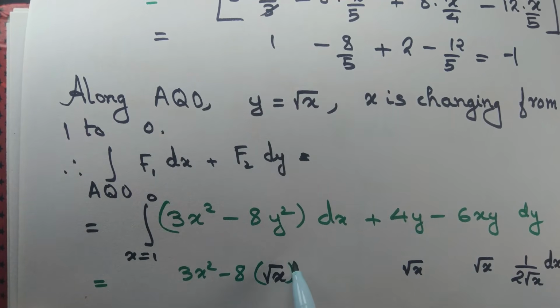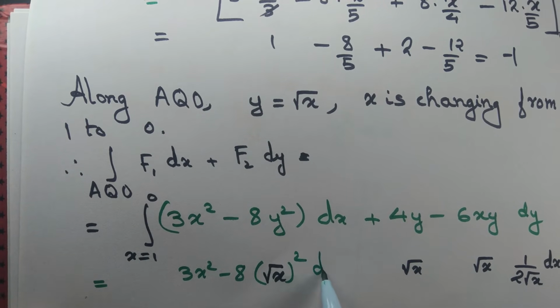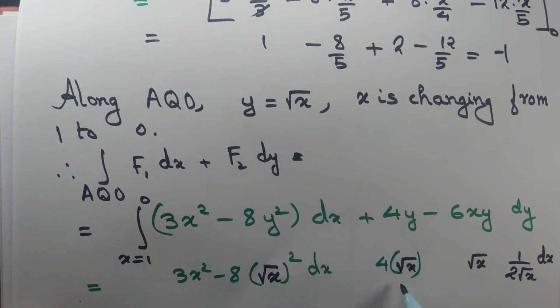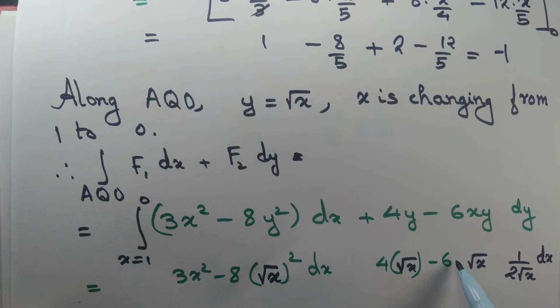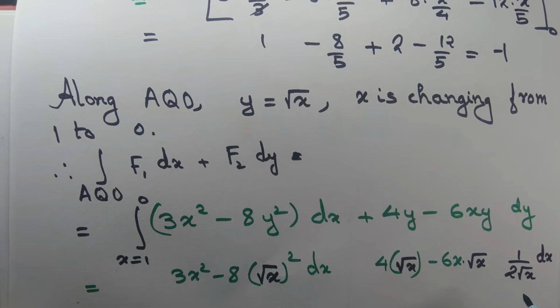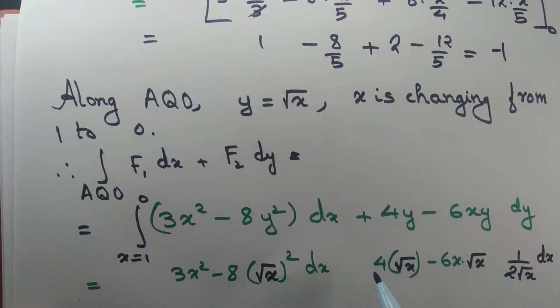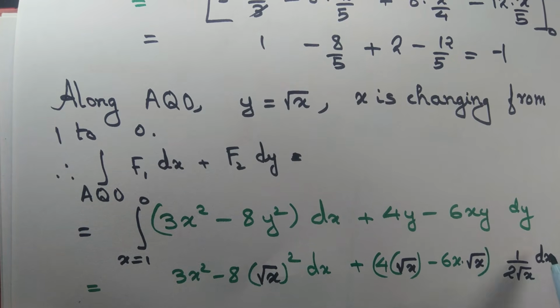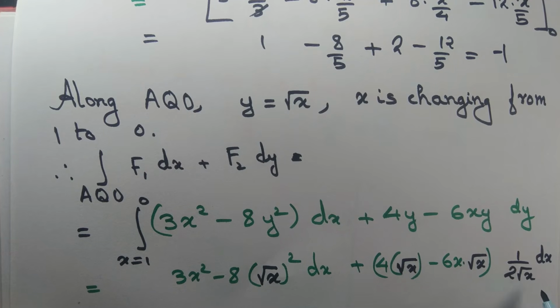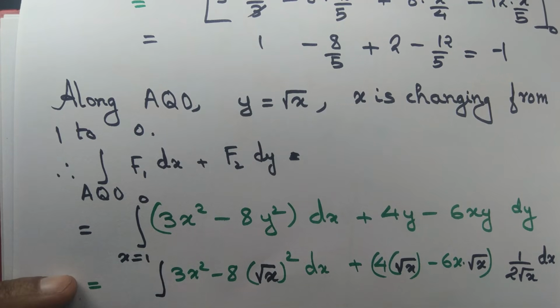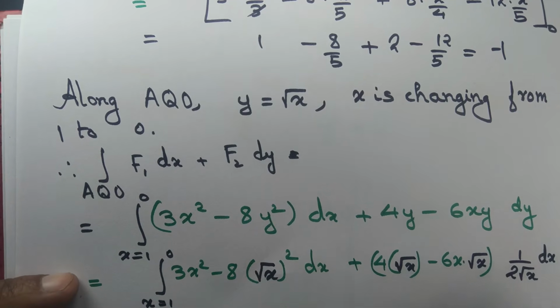Instead of y, we are writing root x, because along the curve AQO, y equal to root x. dx we are copying as it is. dy equal to 1 by 2 root x dx. And x is changing from 1 to 0.